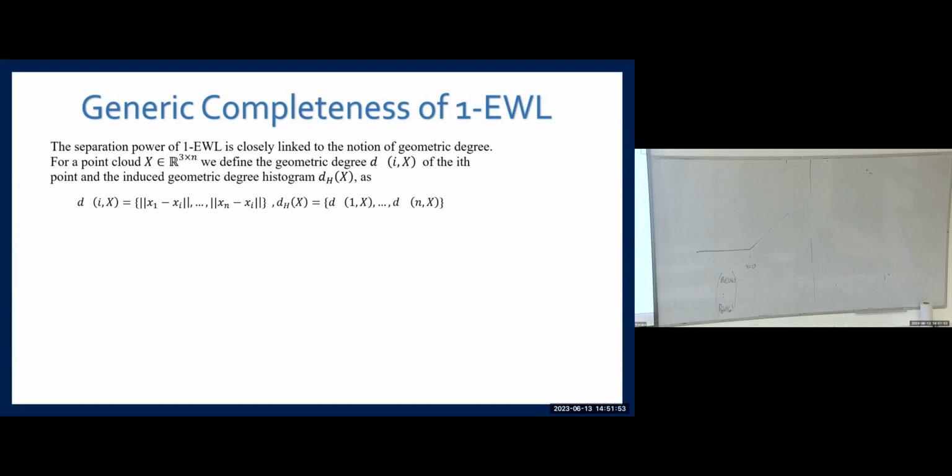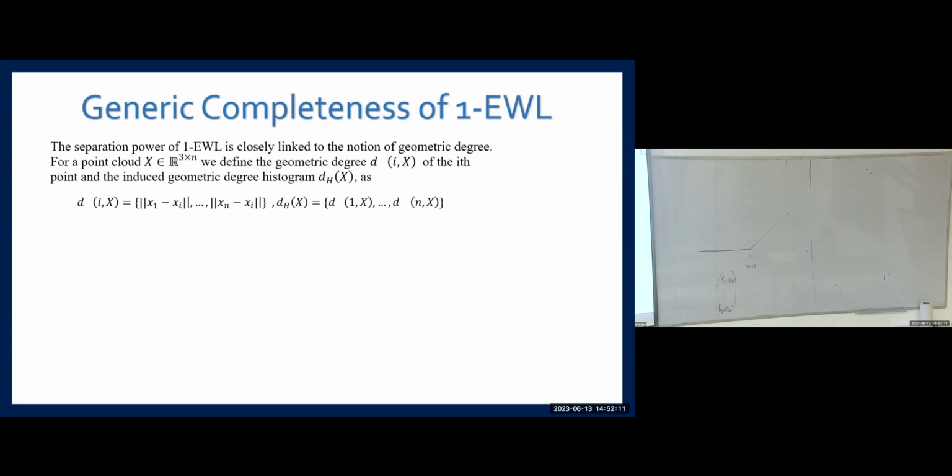And then we define the geometric degree histogram as the set of all of these geometric degrees. So what we have here is essentially a set of sets, where each one has all of the distances from one point to the others.